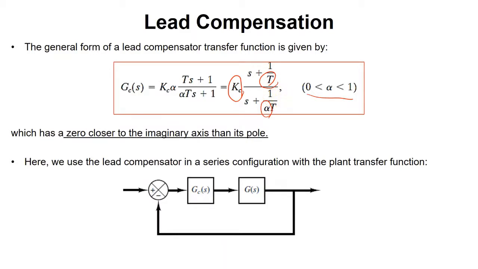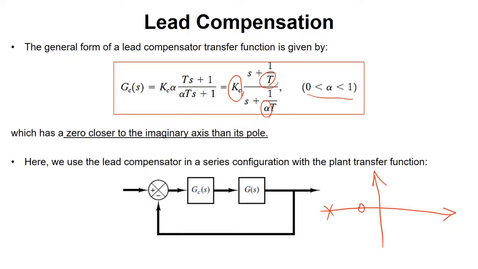So the pole is a negative number with bigger magnitude, so we say the pole is further away from the imaginary axis, or the zero is closer to the imaginary axis compared to the pole. If I draw the pole and zero in the complex plane, the pole is further away here and the zero is closer to the imaginary axis. This is a lead compensator.